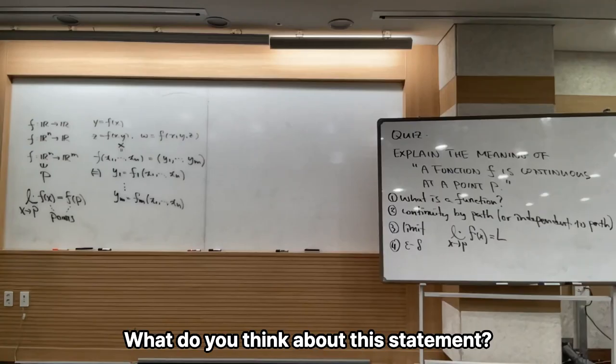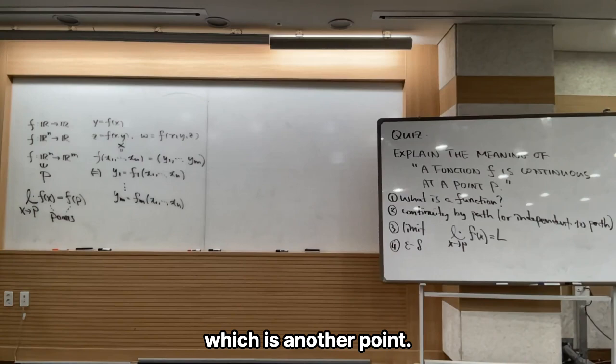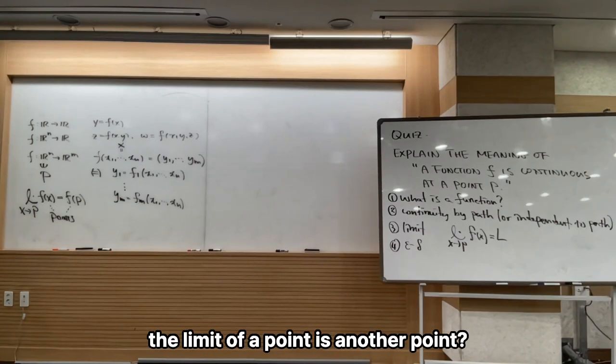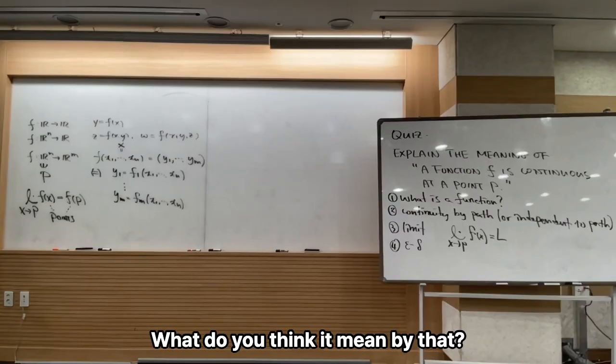What do you think about this statement? The limit of a point f(X) is equal to f(P), which is another point. How do you say the limit of a point is another point? What do you mean by that? What do you think it means?